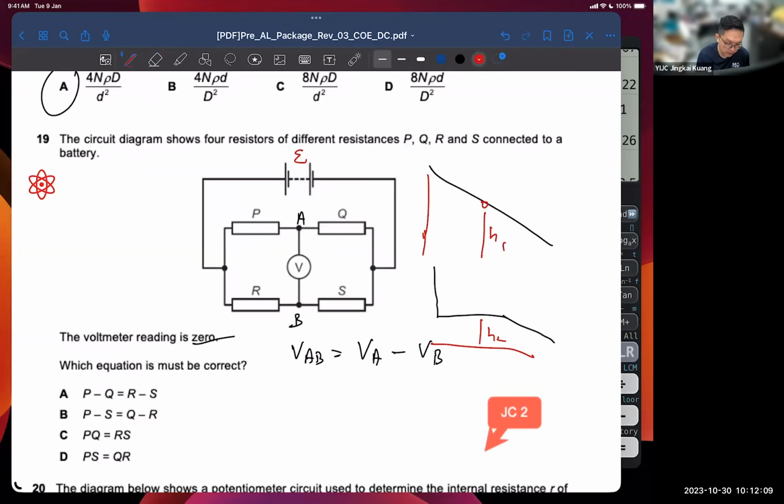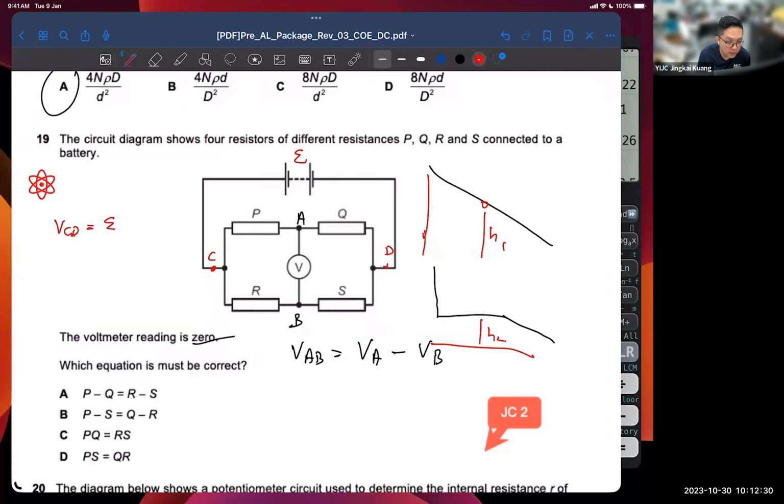Let's mark up this point. Let's call this point C and call this point E. I know that VCD is just equal to my EMF.